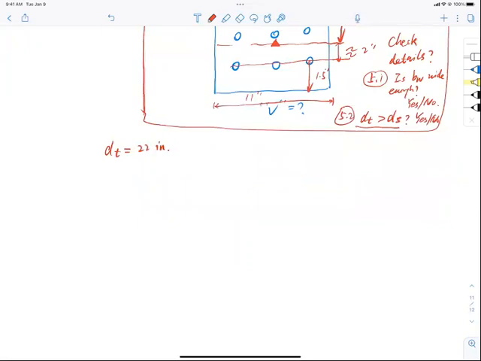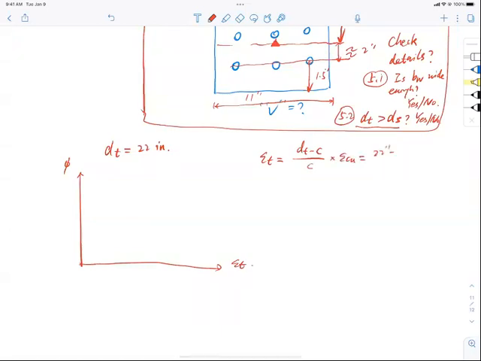With that, I'm going to bring down to the strength reduction factor phi with known epsilon t, and epsilon t should equal to (dt minus c) over c multiplied by epsilon cu: 22 inch minus c, which is 8.58, divided by 8.58, multiplied by 0.003.